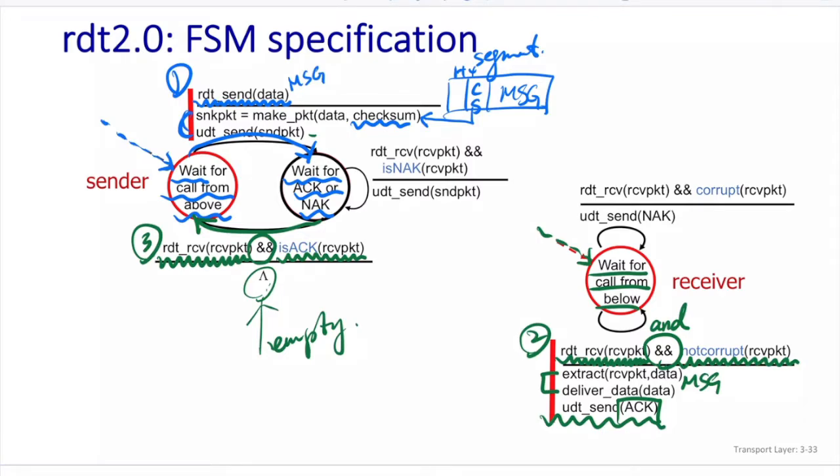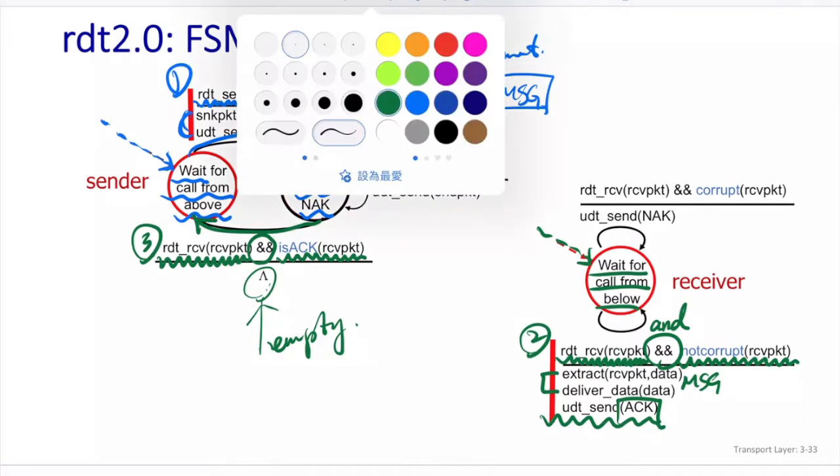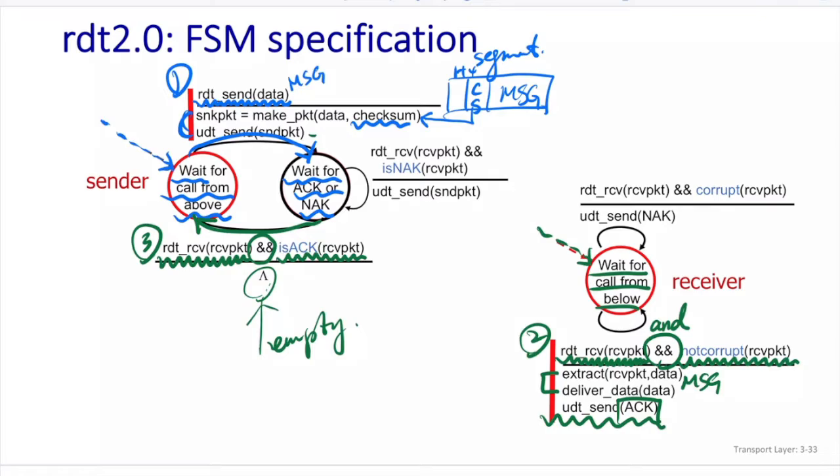The sender and receiver can send many messages by going over these 3 steps. Okay, and now we will talk about this one, number 4.